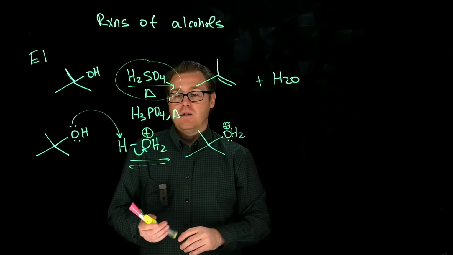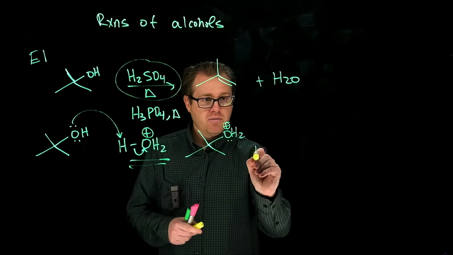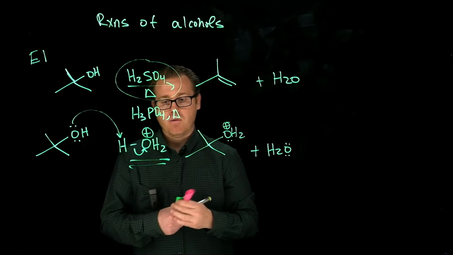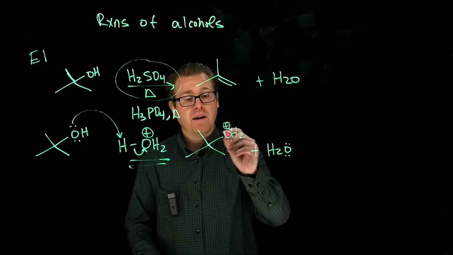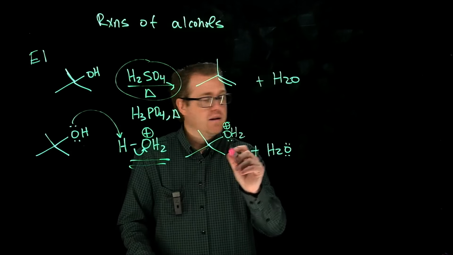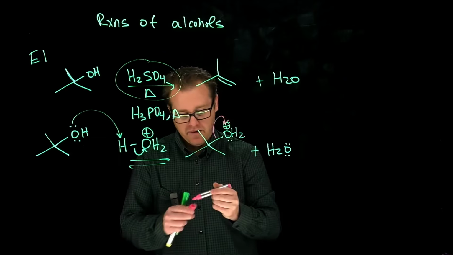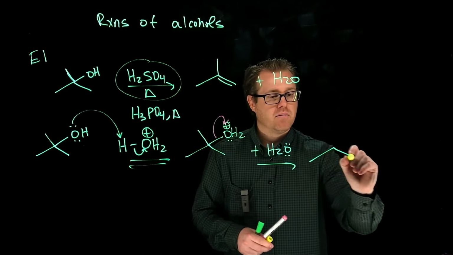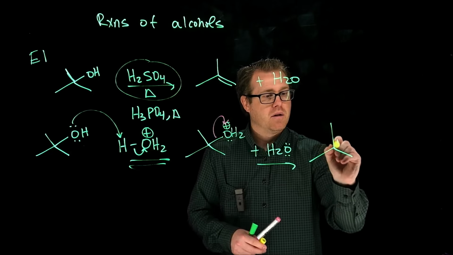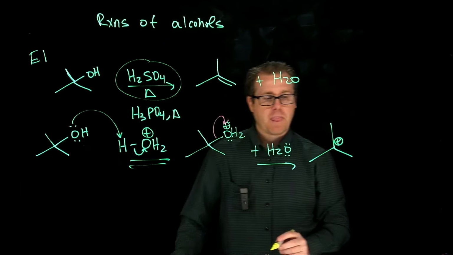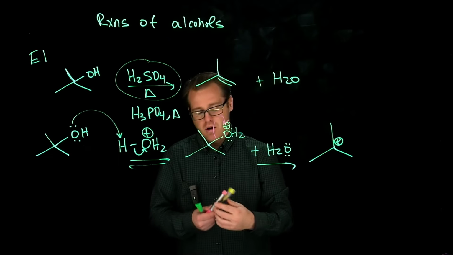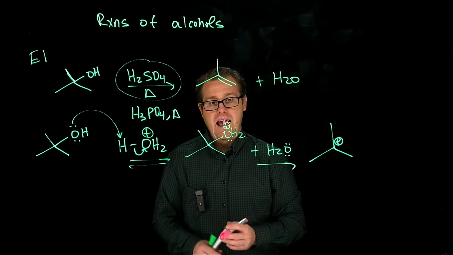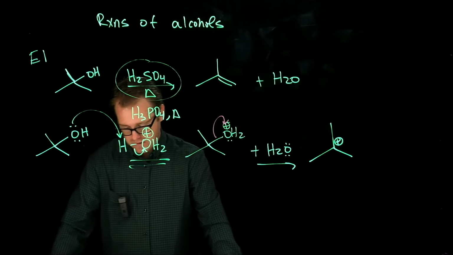And we've generated some more water right here. And so I already told you it's an E1 mechanism, so that means that the water's going to leave, and that's going to generate our carbocation. Now our water here can act as a base. Okay?